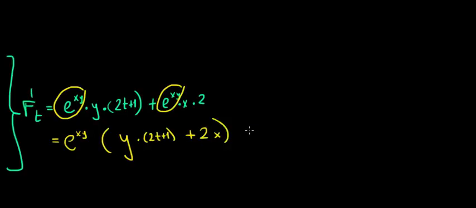Okay, well, x and y are also dependent on t, so let's substitute t into x and y, which means that now we will have e to the power of x, which is t squared plus t plus 1, so t squared plus t plus 1, y is equal to 2t plus 1, so times 2t plus 1, we substituted t into x and y, times, what is y?